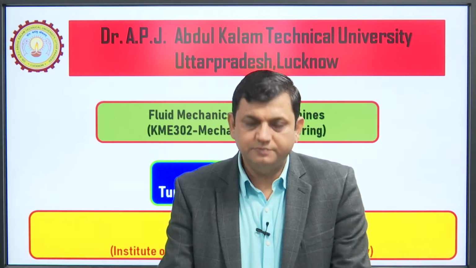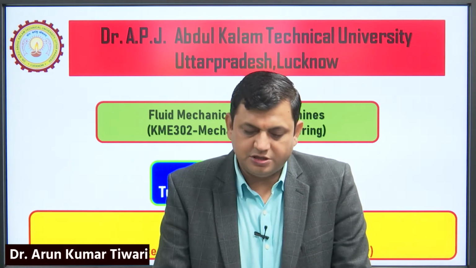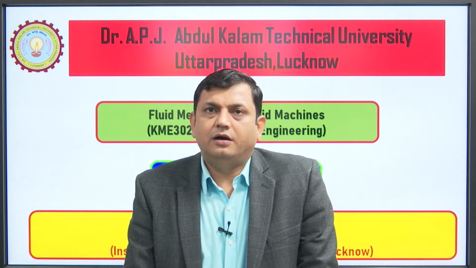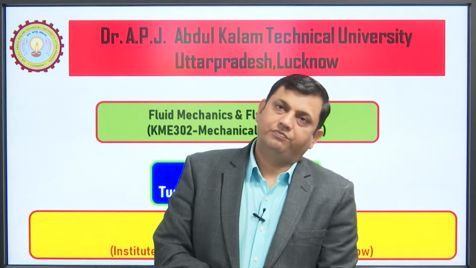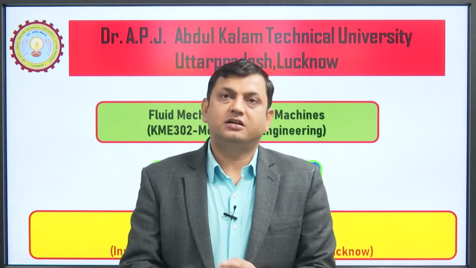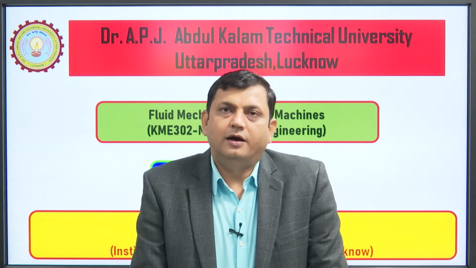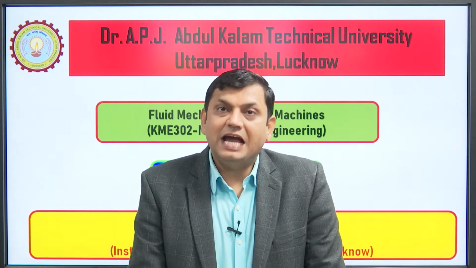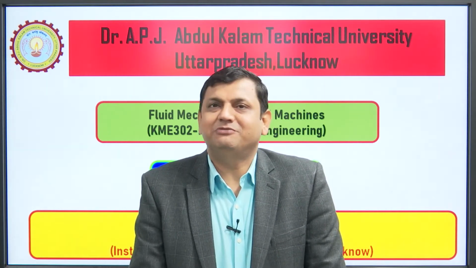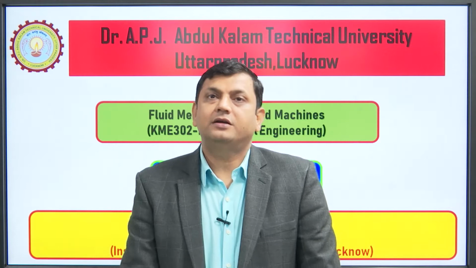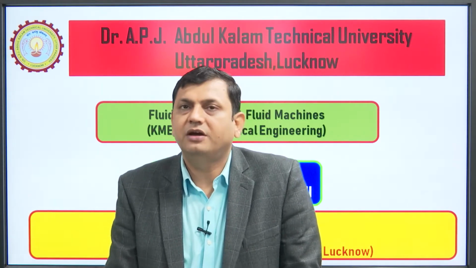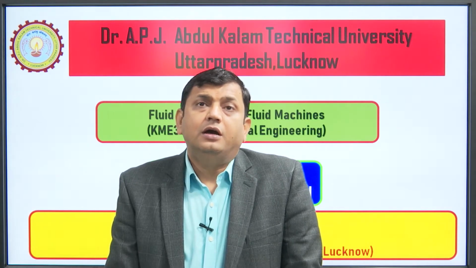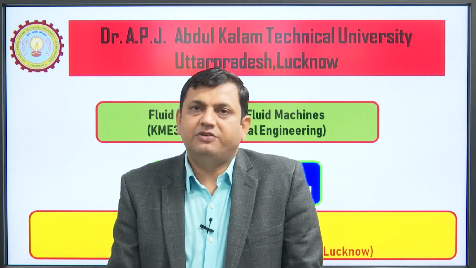Welcome to this session on turbulent flow in pipes. Before this, we discussed turbulent flow and its velocity profile, and we derived the very important Darcy-Weisbach equation, Hf equals 4 f L v square upon d into 2 g, where f is the coefficient of friction.